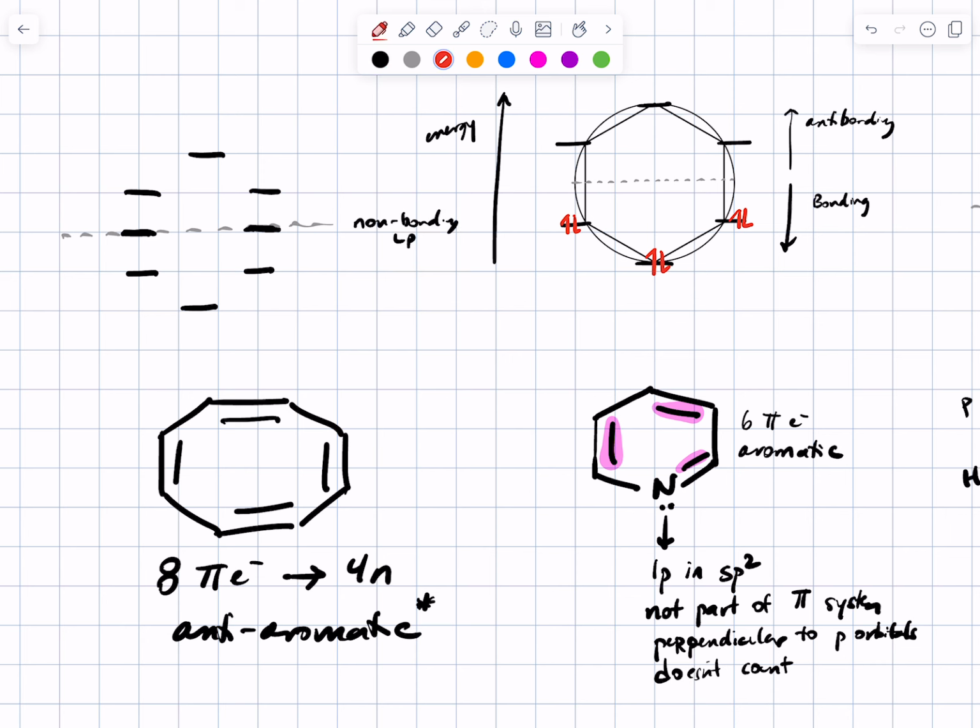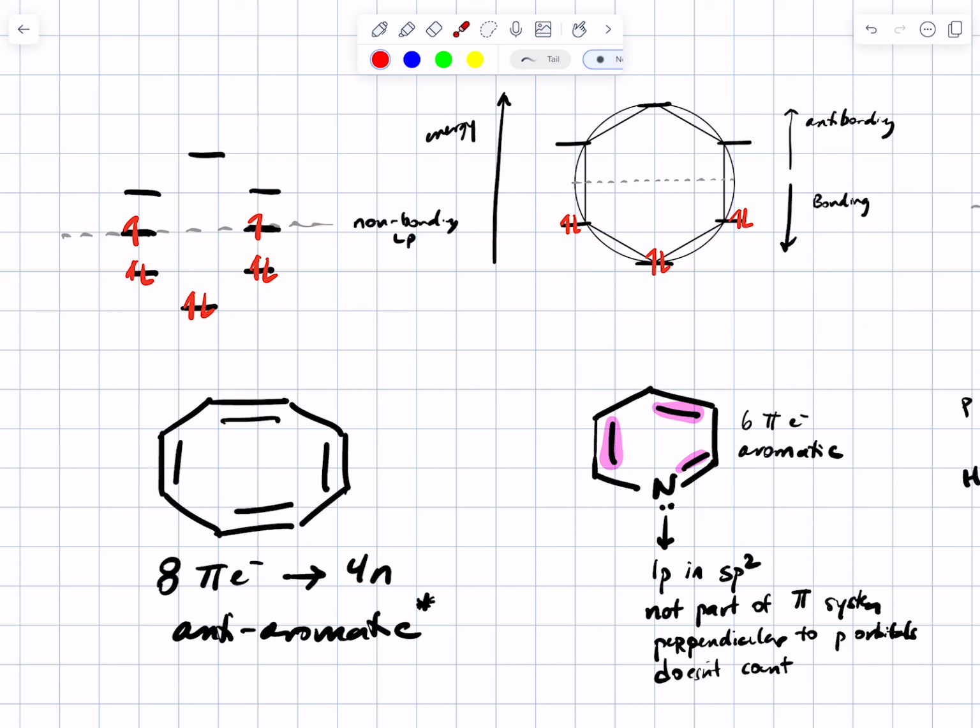If we fill up these orbitals with the available electrons, 2, 4, 6, 8, what we see for this anti-aromatic molecule is it looks like it has 4 pi bonds, but I only have 3 pairs of electrons in bonding orbitals.